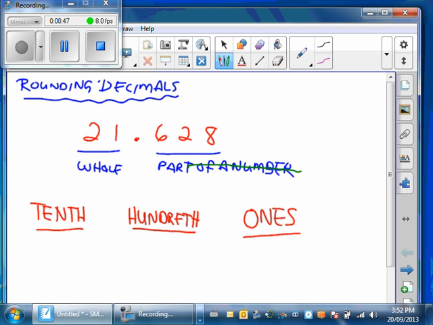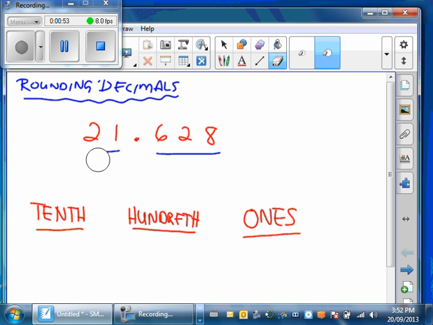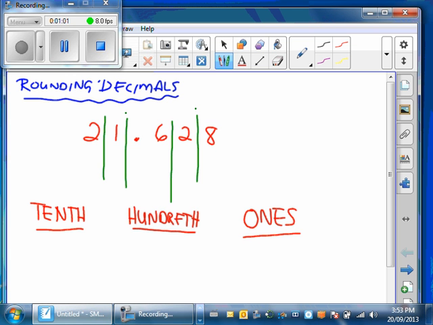So in this case, if we were to erase this and create our columns, we can see that right here we have our tens, we have our ones, and then here we have our tenths, our hundredths, and we have our thousandths with a THS at the end.